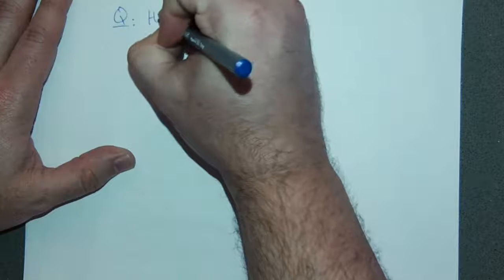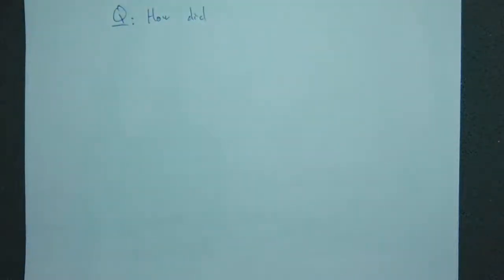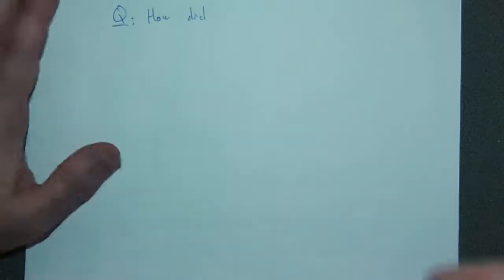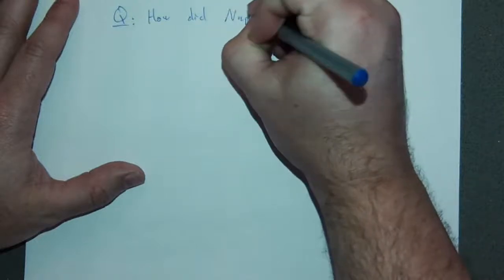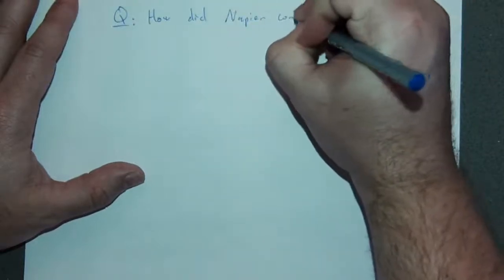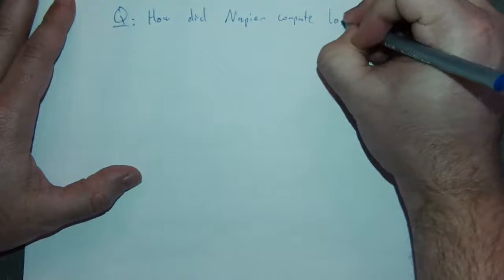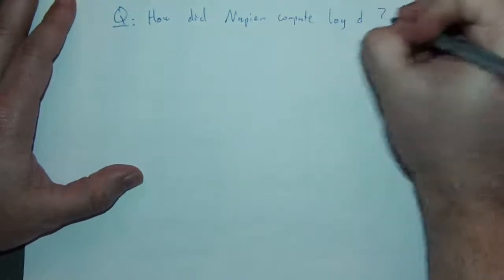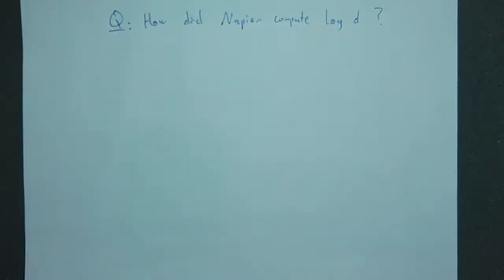First of all, the book that I mentioned at the very beginning of today's lecture, Construction of the Wonderful Canon of Logarithms, contained essentially a computation of a bunch of logarithms. So the question is, how did Napier actually compute these? How did he compute the log of d?